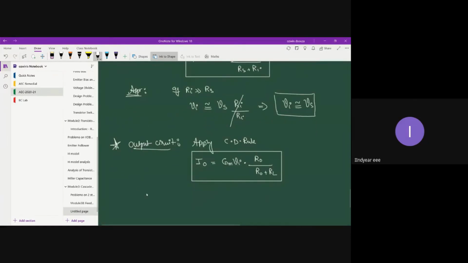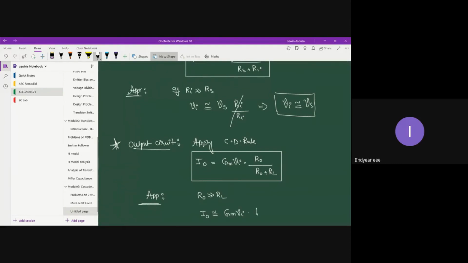And the approximation: if the output resistance of the amplifier were very large in comparison with the load resistance, then you would obtain I0 very close to Gm into Vi.